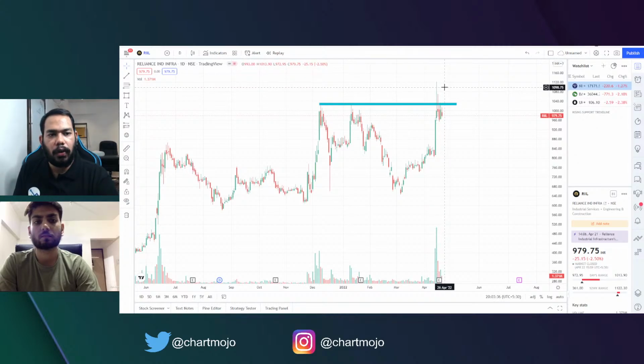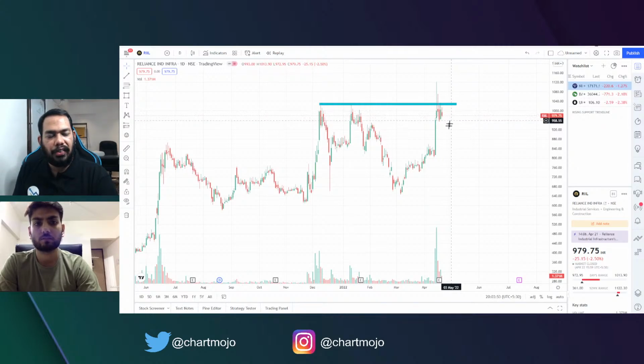So if anyone has taken a position in this, they can hold their position. You might see some consolidation or squeeze near the breakout. See, right now in such a counter, the daily chart.